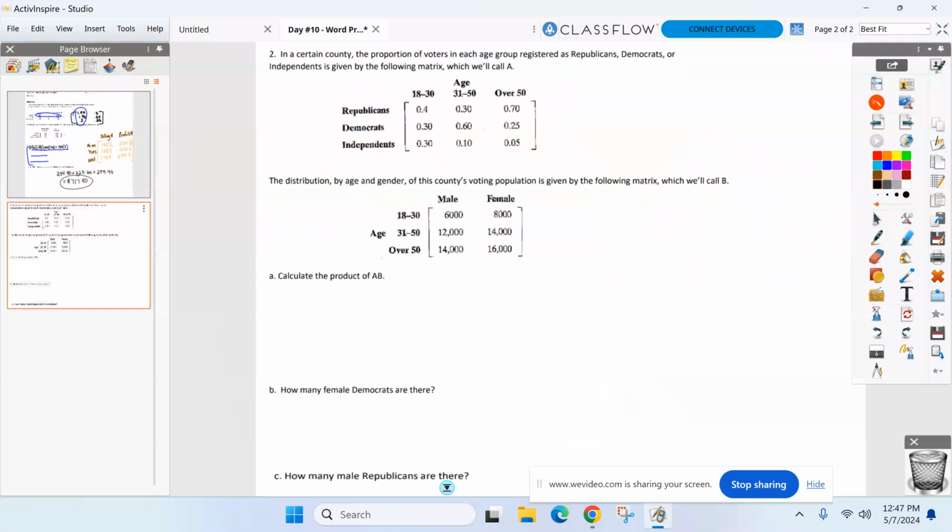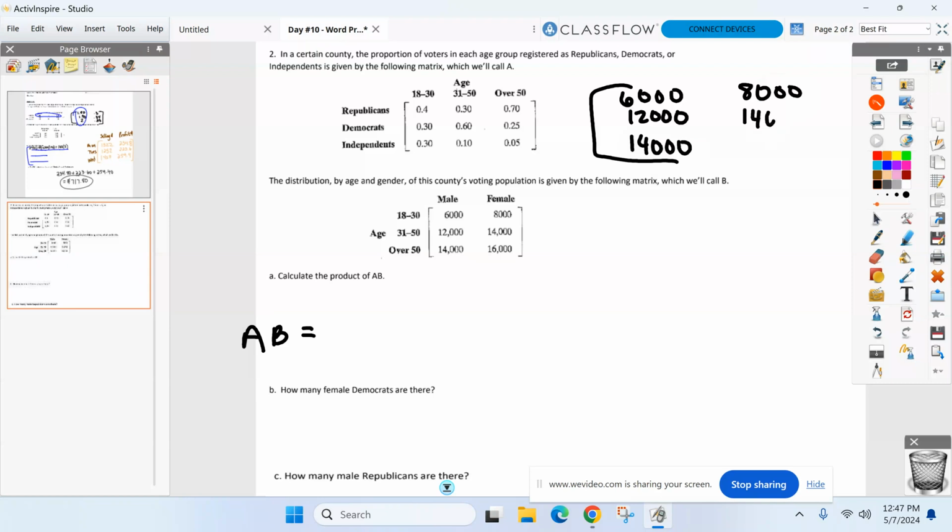Calculate A times B. And not only that, see if you know what the rows and the columns stand for when you calculate A times B. Again, please take your time.